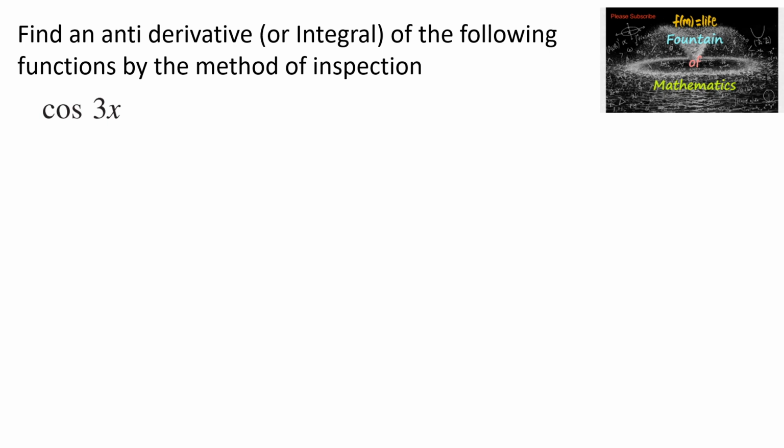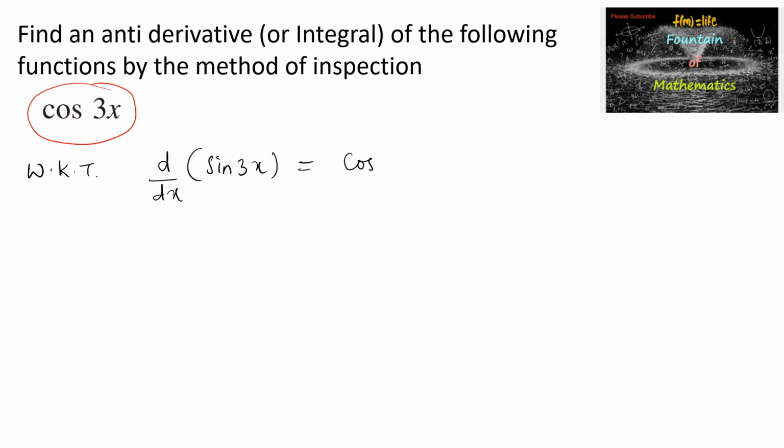Find an antiderivative or integral of the following function by the method of inspection: cos 3x. And we know that the derivative d by dx of sin 3x will be cos 3x into the differentiation of 3x, which is 3.